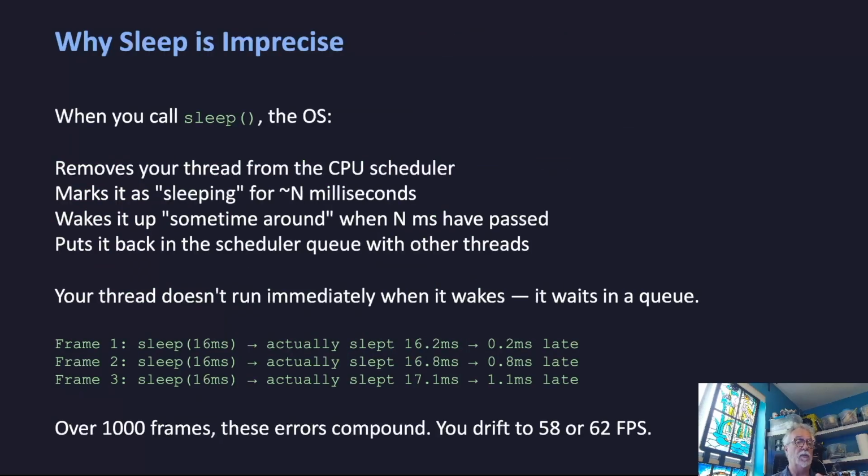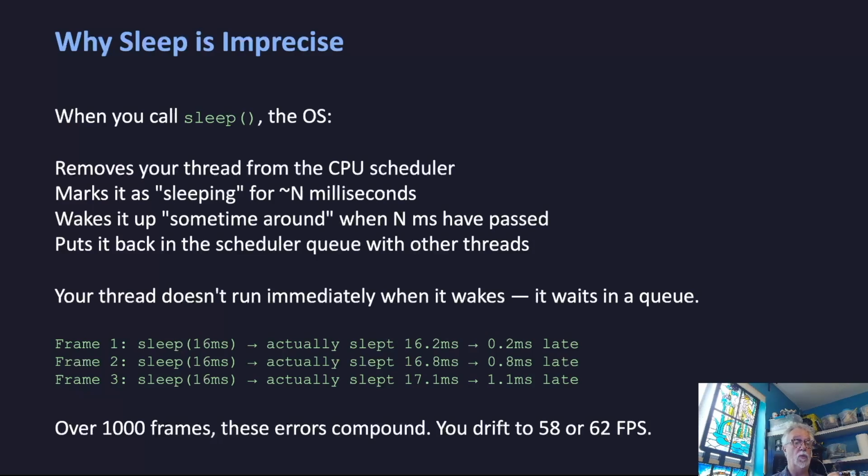When you call sleep, the OS takes your thread from the CPU scheduler and marks it as sleeping. So your code isn't even running for that amount of time. And then around the end of the sleep time, it says, oh, okay, I'm going to pick up this thread. I'm going to put it back into the queue.